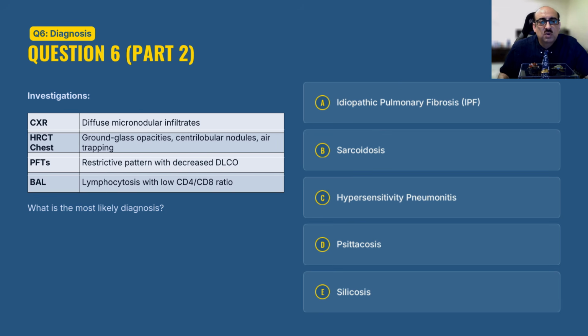The question is, what is the most likely diagnosis? A. Idiopathic pulmonary fibrosis. B. Sarcoidosis. C. Hypersensitivity pneumonitis. D. Psittacosis. And E. Silicosis. Up to 90 seconds of the time allocated, you can pause, and the next screen will be a 10-second timer as well.